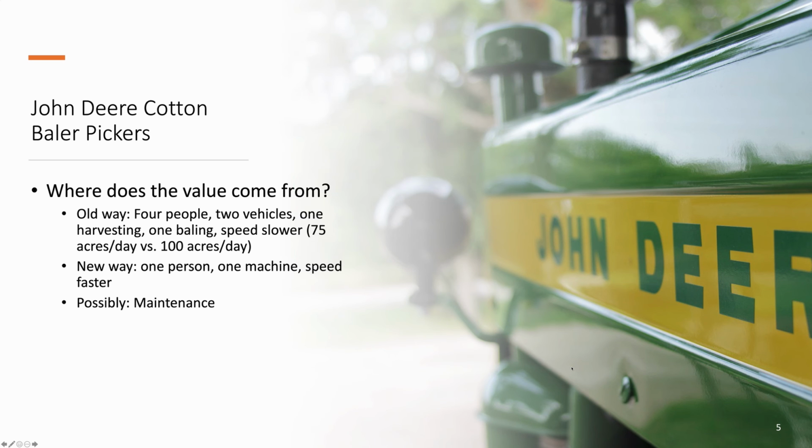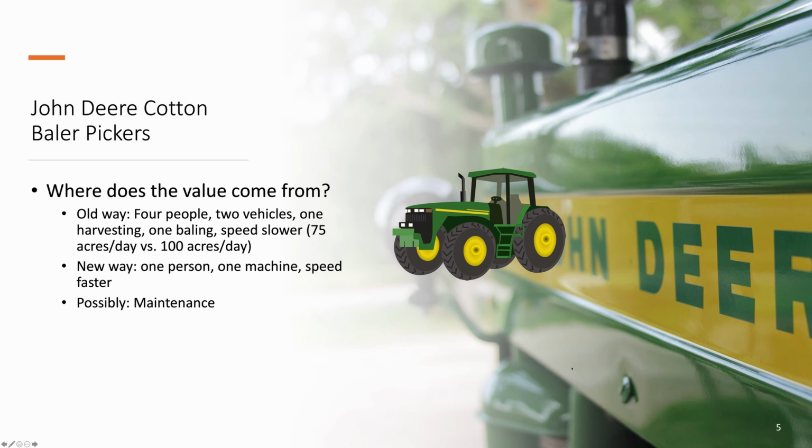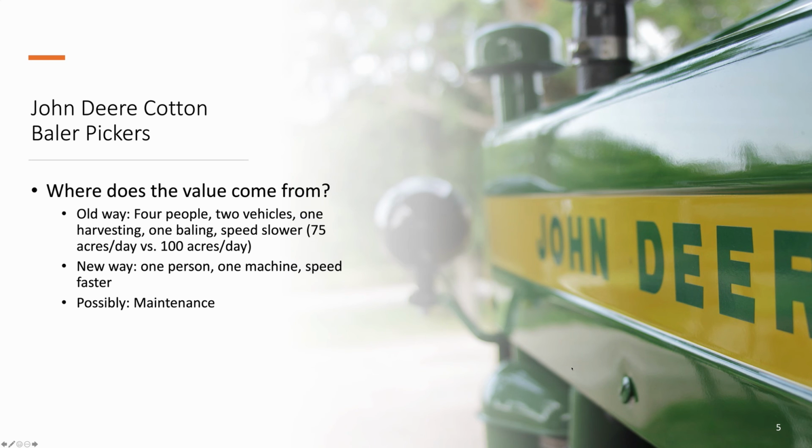And the new way requires 1 person, 1 machine, and it moves faster through the field. In addition, there may be some cost-effective advantages because the single machine may require less maintenance. So as you can see, this new cotton baler is operating more efficiently. So that efficiency creates value.